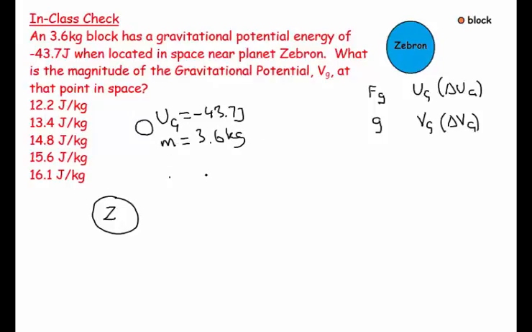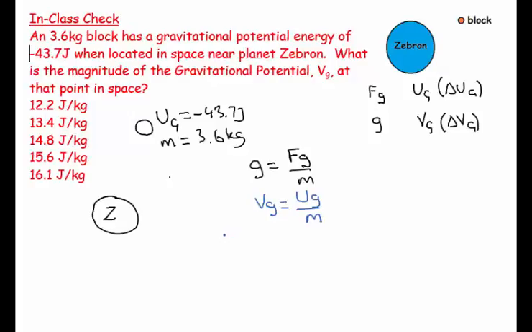And so just like I said that g is equal to Fg over m, I can say, by analogy, that Vg is equal to Ug over m.